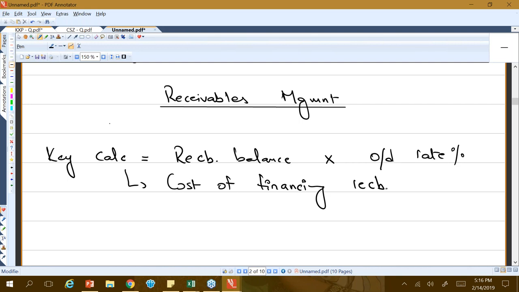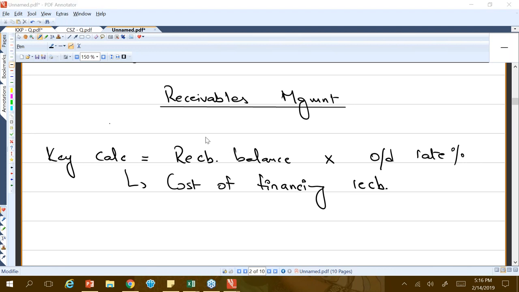What's the benefit of multiplying the overdraft rate with the receivables balance? Okay, a few answers coming in. The first one is interest saved. No, I don't agree with that. To find out opportunity cost. Opportunity cost of what? We can earn interest on the amount which is tied up. Yes, I like that.